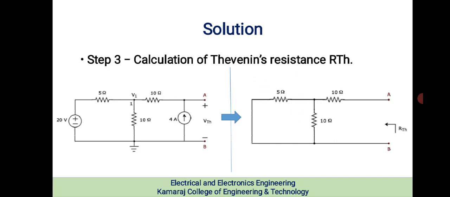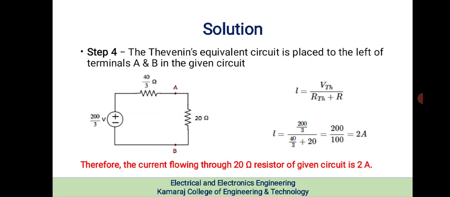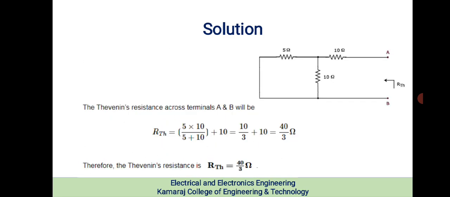Here this 5 ohm and 10 ohm are in parallel. After that this 10 ohm is in series. So I am writing the equation: 5 ohm and 10 ohm in parallel means 5 into 10 divided by 5 plus 10, then this 10 ohm is in series, so plus 10, which is equal to 40 divided by 3 ohm. This is the RTH value. So simply we can find the RTH value by using these equations.